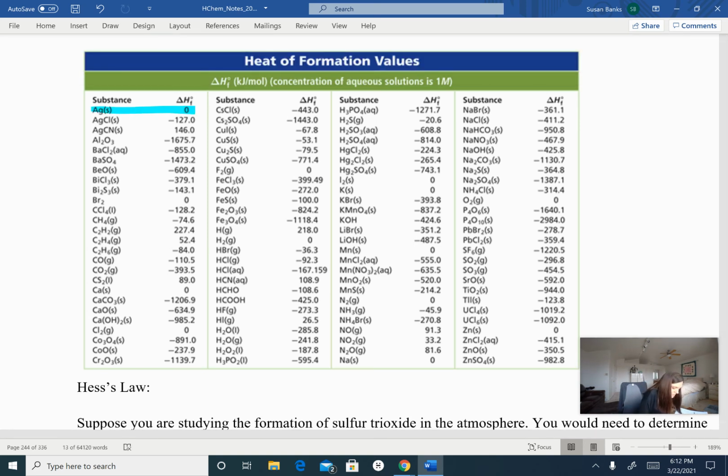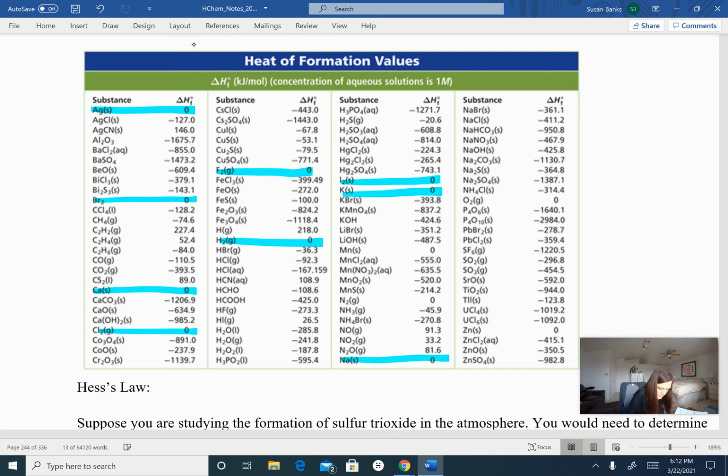So silver is 0, bromine is 0, chlorine is 0, calcium is 0. What are you noticing that are the same for all these things that have 0 heats of formation? They're elements. Elements have no heat of formation.